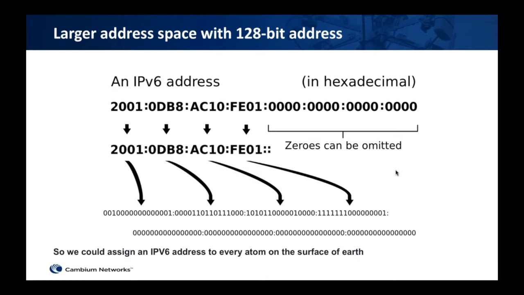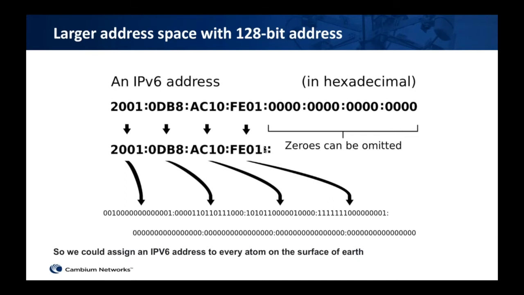The only downside is that you have to write down all those bytes, and to make our life easier, there is a standard way. If there are lots of zeros in the IPv6 address, you can omit them and use 2 colons instead of those zeros. So here is an example of how it works.